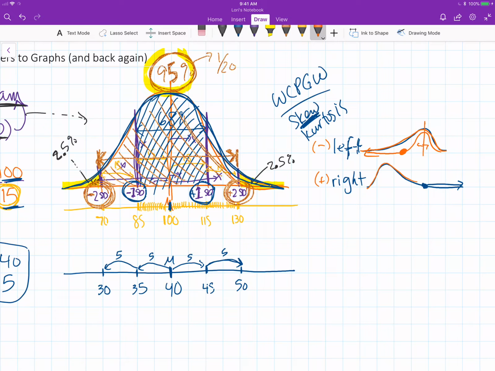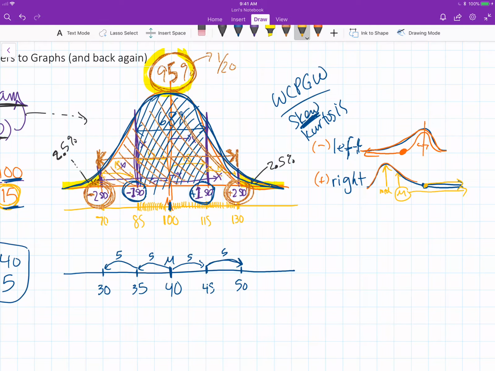When I have significant right or left skew, the highest point might be here, but my mean will get pulled in the direction of the skew. This is the median, and the mean is as if it's tethered to the direction of the pull, or to the direction of the skew.